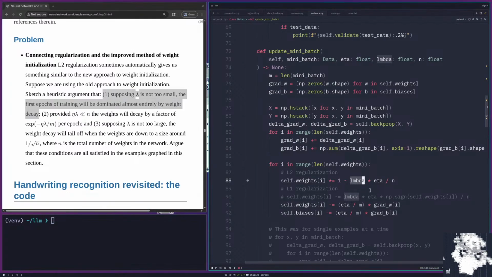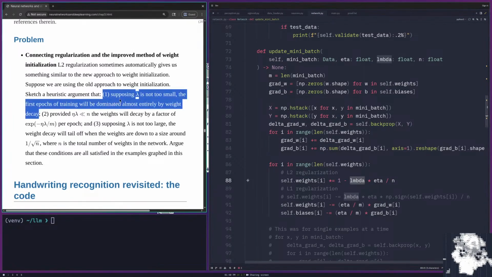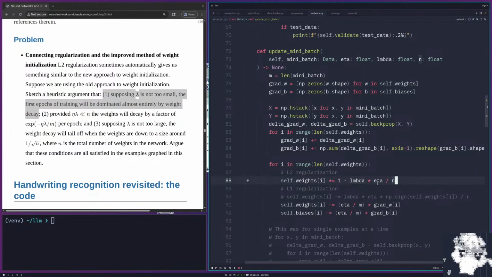So if lambda is not too small, we're going to be decaying weights a lot if the weights start really big. So I think that's our proof of number 1, that when lambda is big enough, this effect is going to be much bigger than this effect at changing the weights.